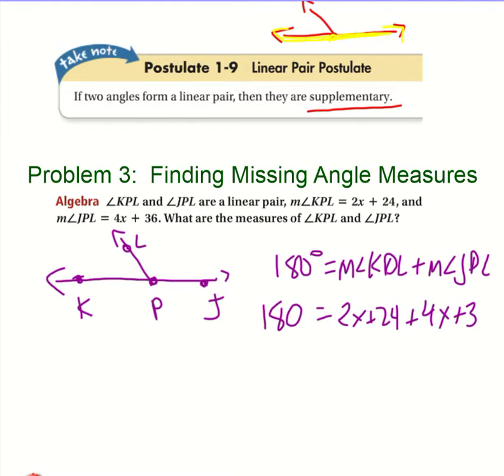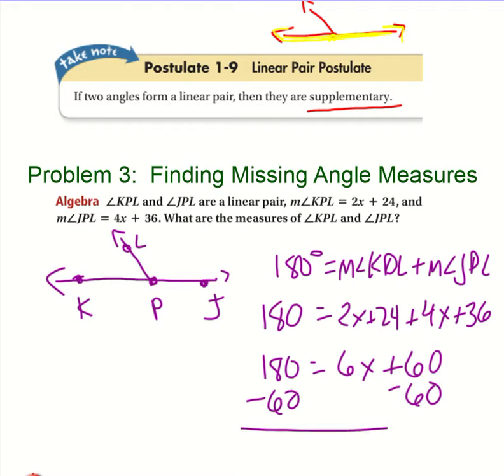I can combine my like terms and solve for my variable. So I get 180 equals 6x, and 24 plus 36 should give me 60. Subtract 60 from both sides. I get 6x equals 120, which tells me that x equals 20.